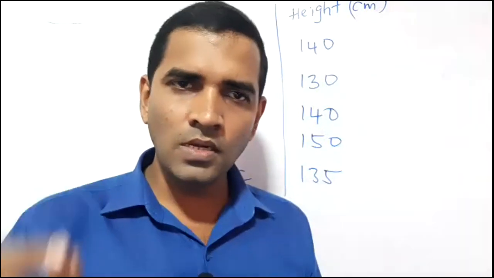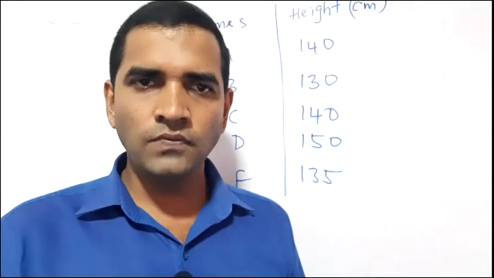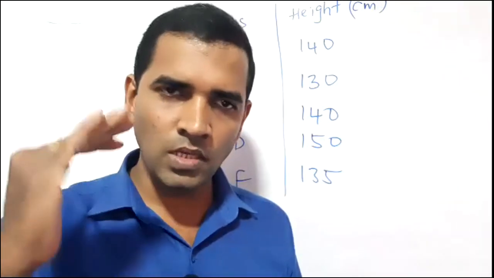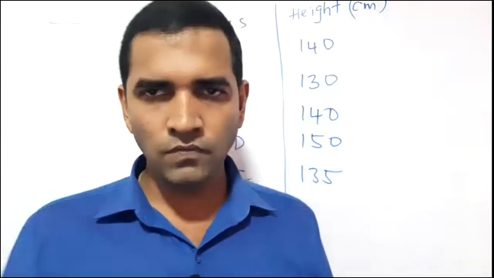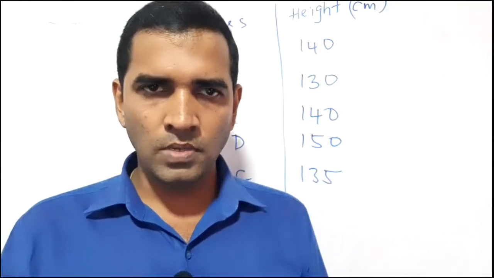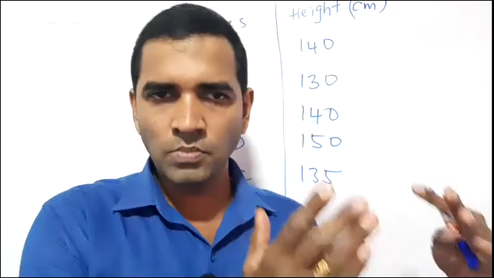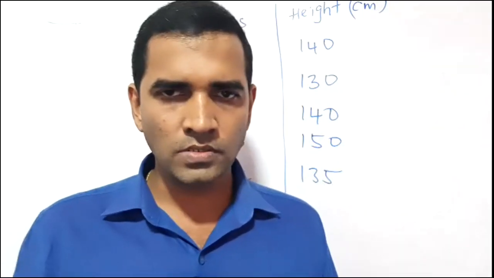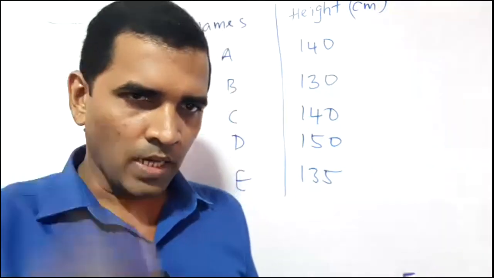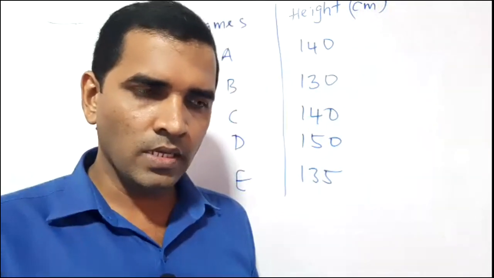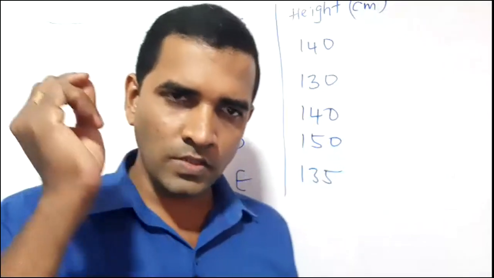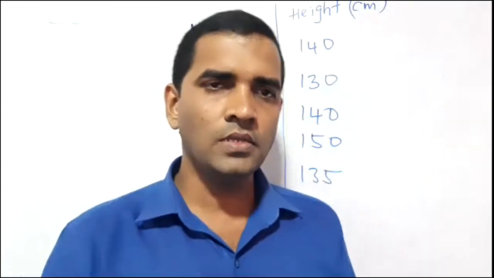If you think the table is meaningful, definitely it is information, because I told you that information is meaningful and data is meaningless. So my argument is, if this table is meaningful, definitely it is information.